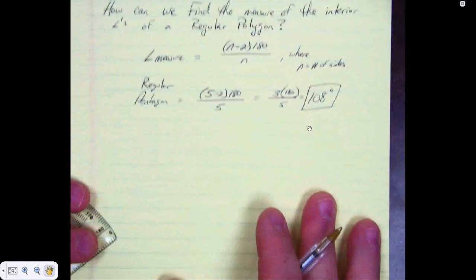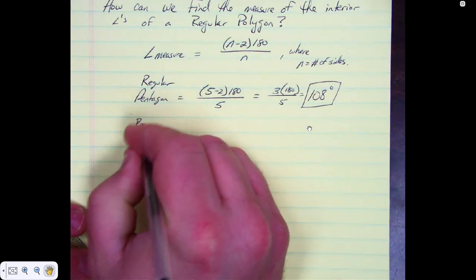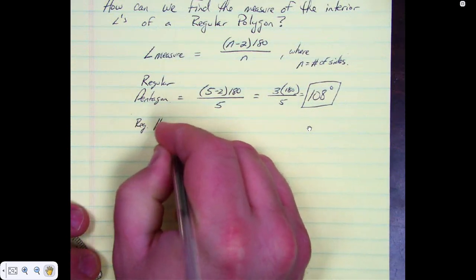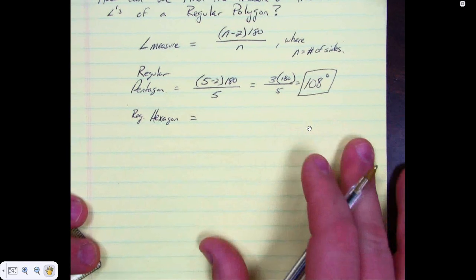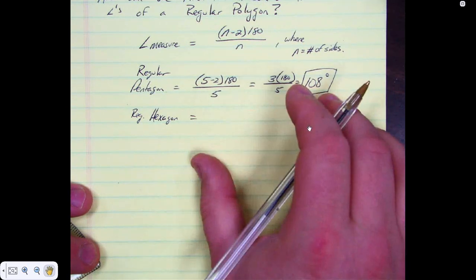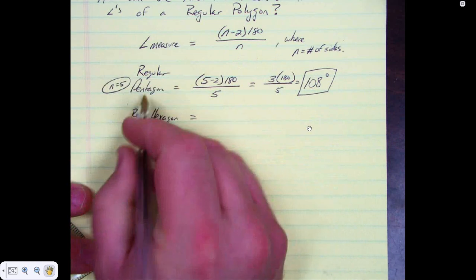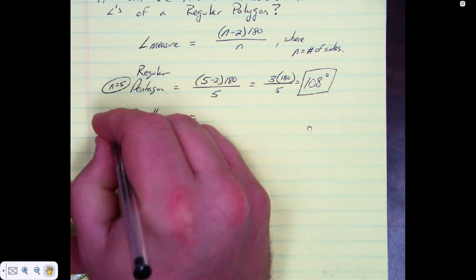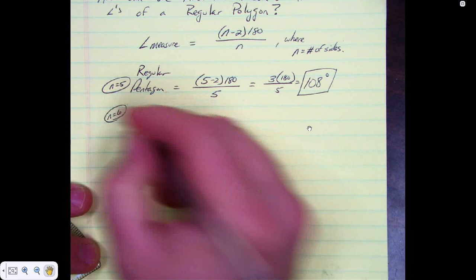So how about a regular hexagon? You'll deal with this one a lot. How would I find the measure of each interior angle for it? Here, n was equal to 5, because it was a pentagon. What's n equal to in a hexagon? 6.